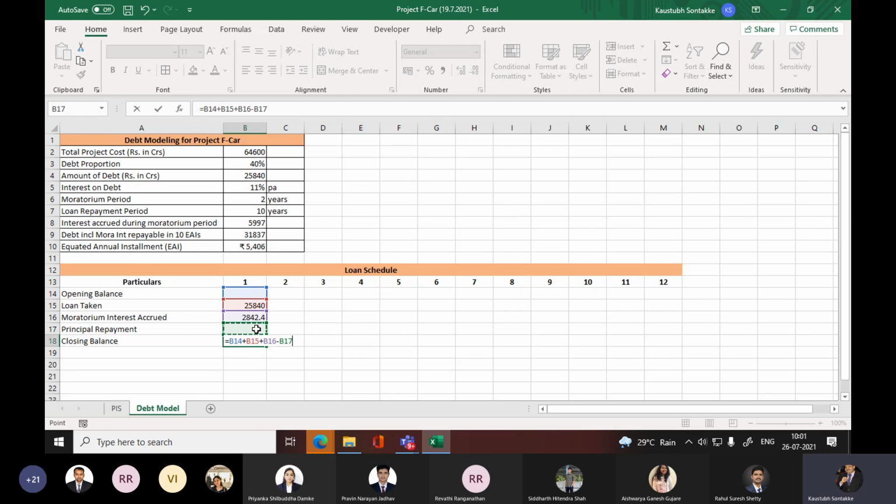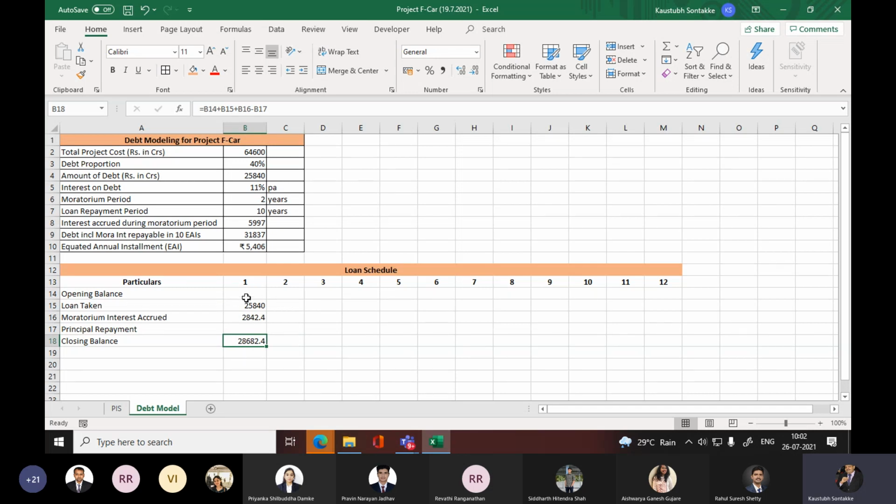Now there is no principal repayment, but I am taking all the aspects of that. I repeat what I've written. I took opening balance, which is B14, plus loan taken B15, plus moratorium interest accrued B16, minus repayment of principal. So I have got the amount as 28,682.4. We will later remove all the decimals.